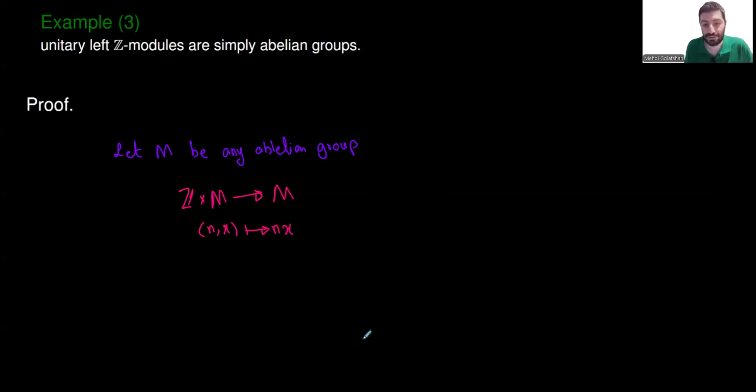We consider that nx is equal to x plus x plus ... plus x, n times, when n is a non-negative integer, and (-x) plus (-x) plus ... plus (-x), when n is a negative integer.